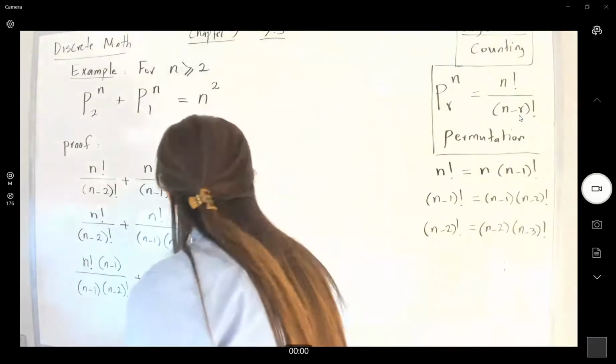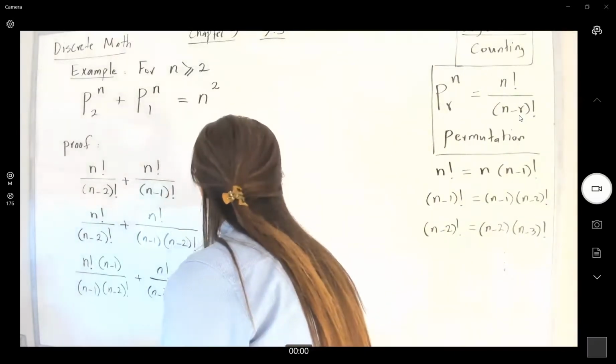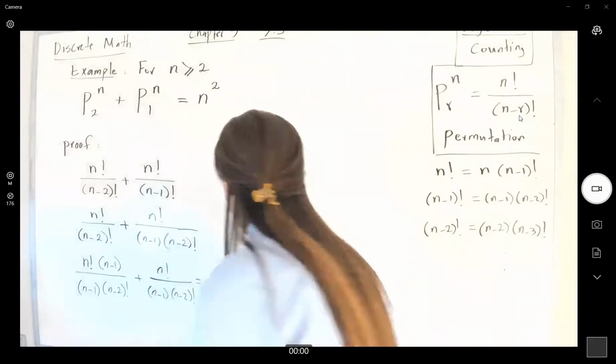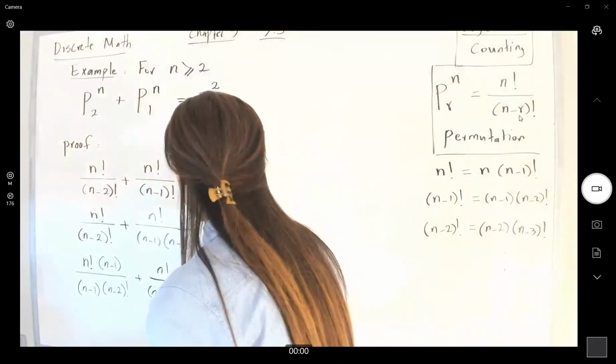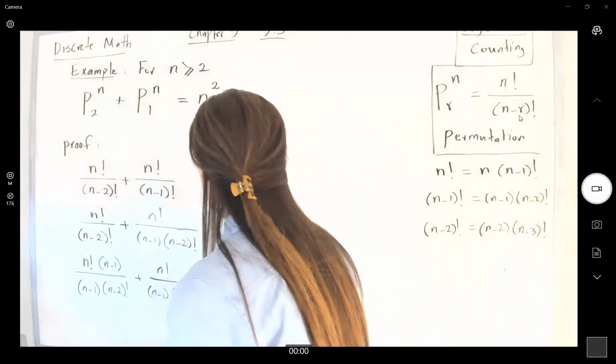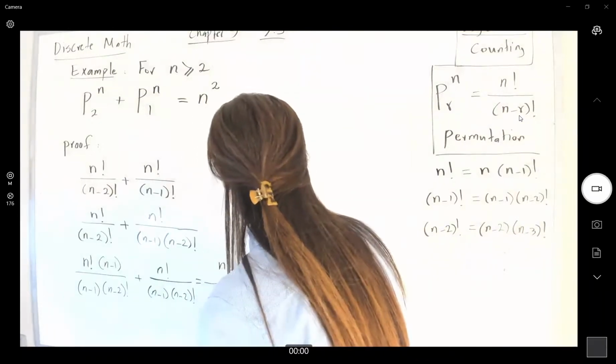So what are we doing here? The denominator n minus 1 times n minus 2 factorial is equal to n minus 1 factorial. On the numerator, you can factor out n factorial. You get n minus 1 plus 1, which is n.